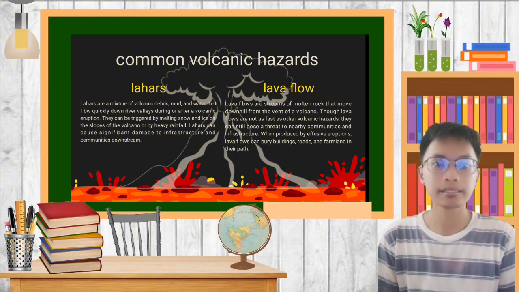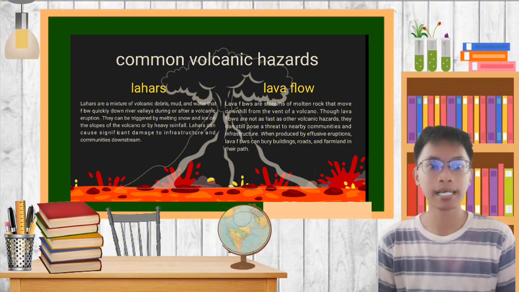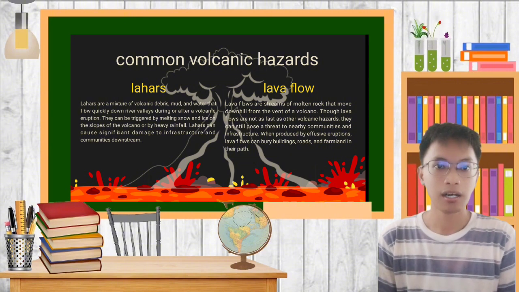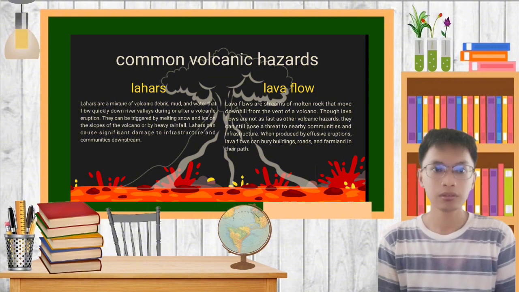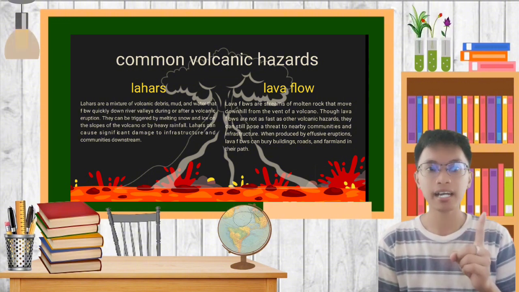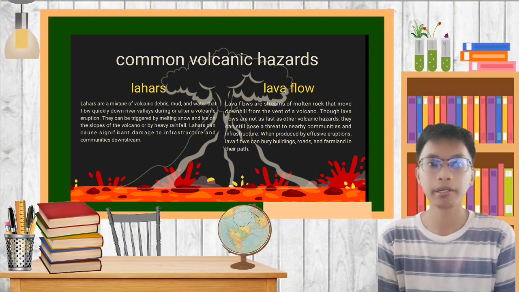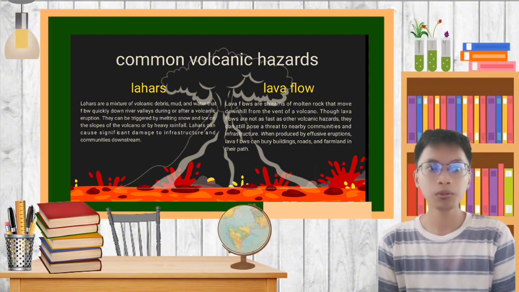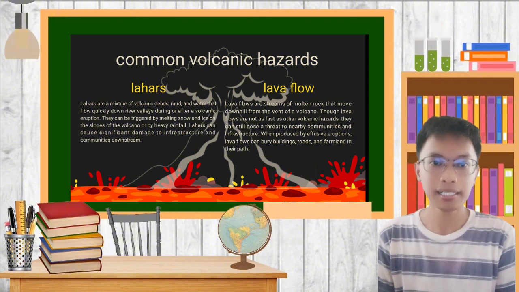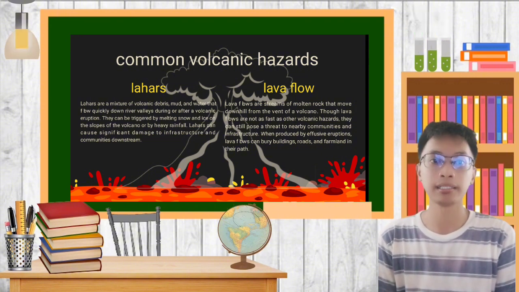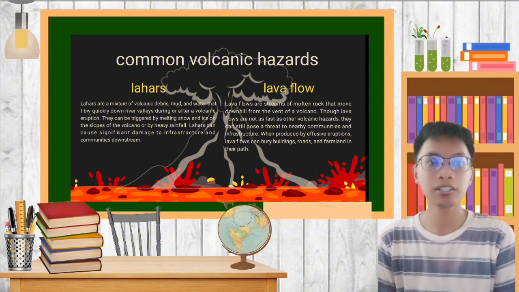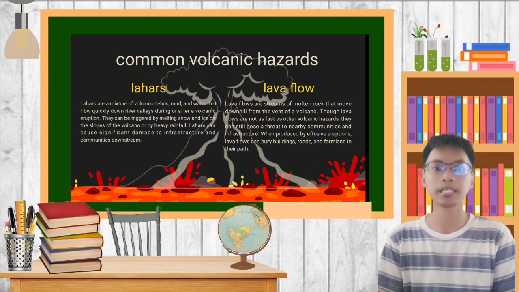Lahars can occur when heavy rains mobilize volcanic ash deposits on the slope of a volcano. Another fun fact, the 1985 eruption of Nevado del Ruiz in Colombia triggered a series of lahars that buried the town of Armero, killing over 25,000 people.